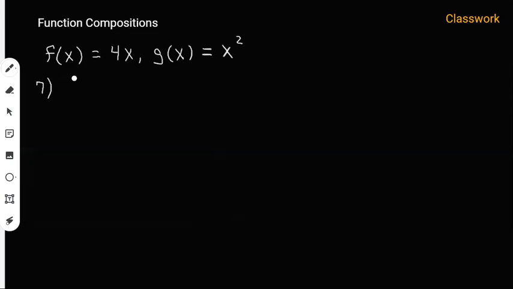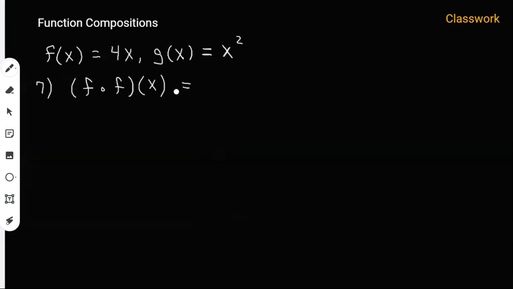So number 7 says we need to find f of f, and we're going to evaluate it at x. So what does this mean? This means that we're composing f with itself. We're using the function f twice.